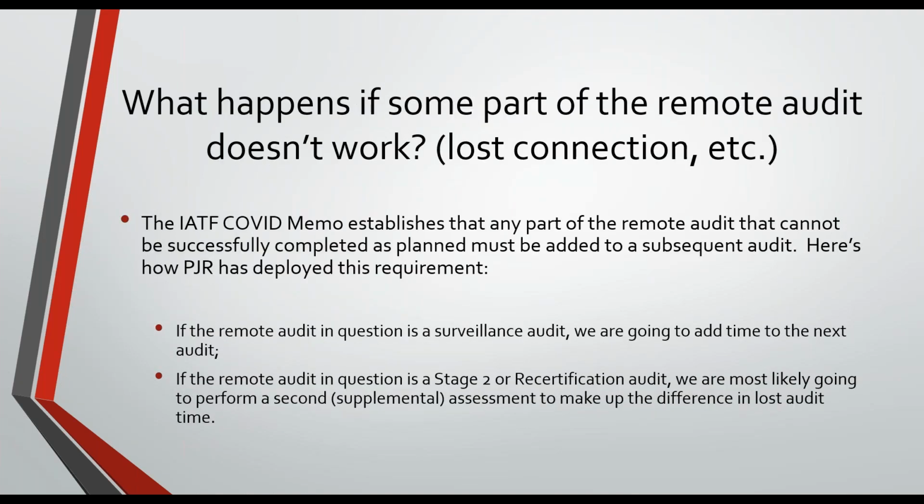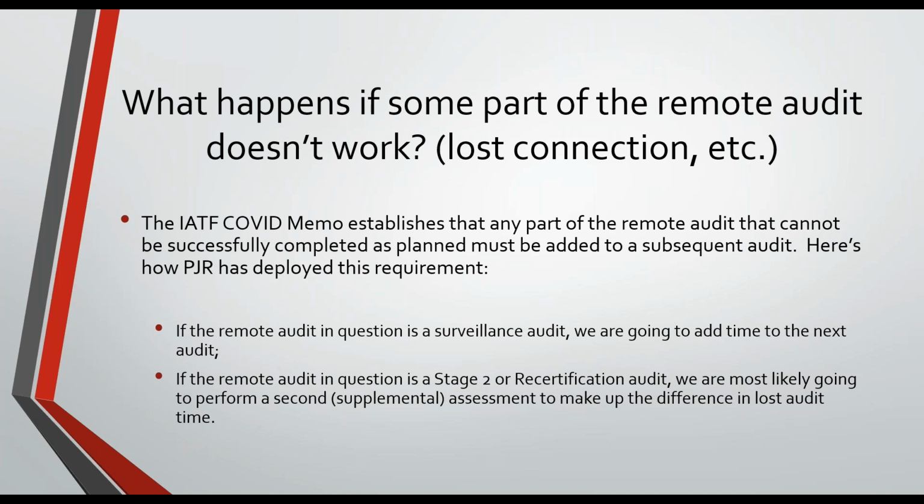Now, what happens if some part of the remote audit doesn't work? If we lose our connection or whatever the case may be. The COVID memo states that if any part of the remote audit is not successful, that time that's been lost has to be added to a subsequent audit. We've approached this in a couple of ways.